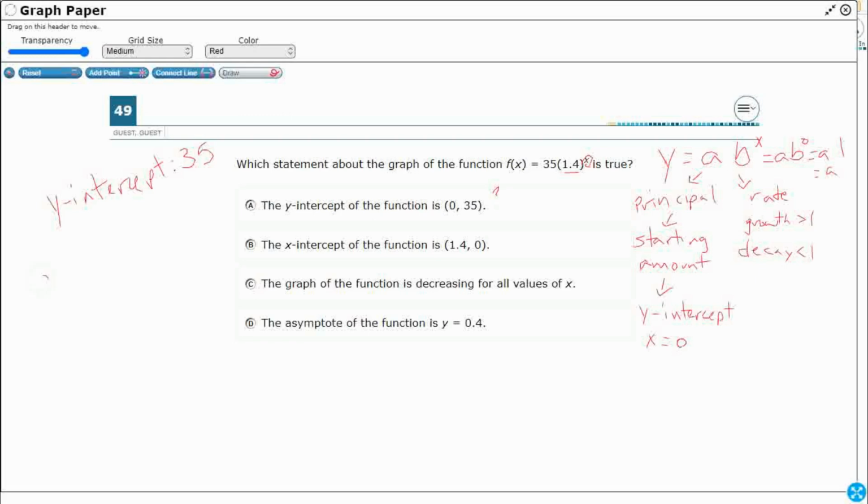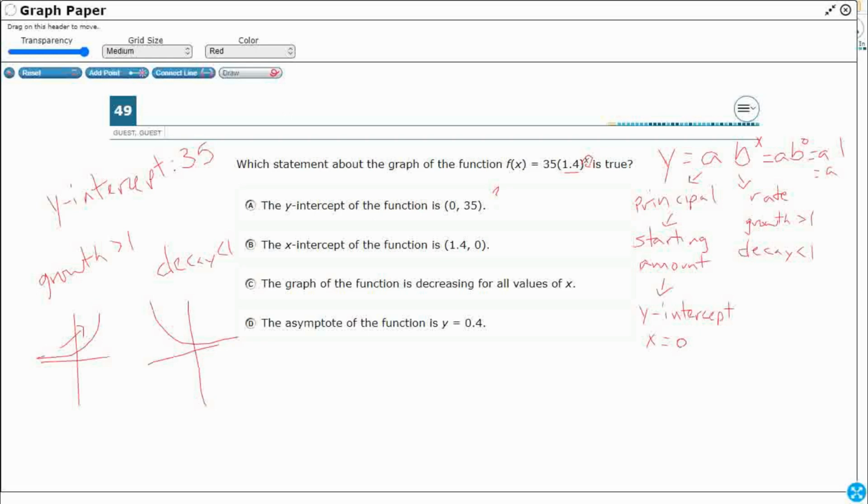So if it is a growth rate, which is what we have here, greater than 1, that means if we were to graph it, it's going to kind of start right here and then slope up. It increases. Whereas a decay rate less than 1 is going to do the opposite. It's going to start here and then slope down like that. So we know that it is a growth rate.